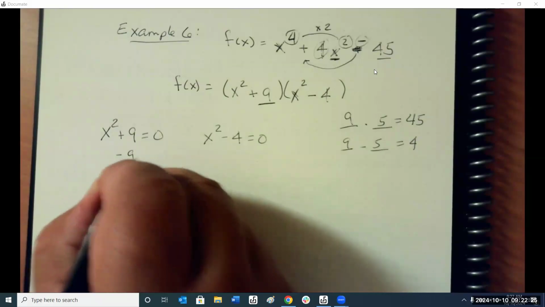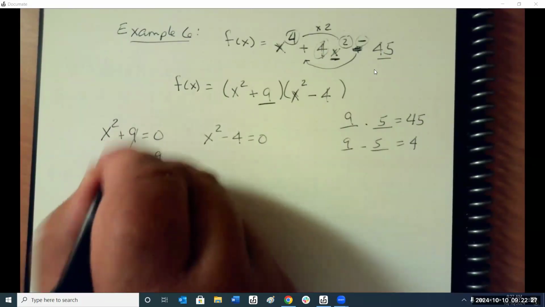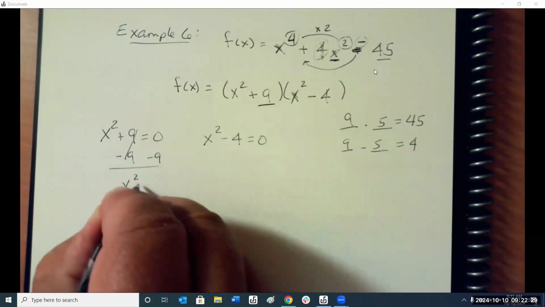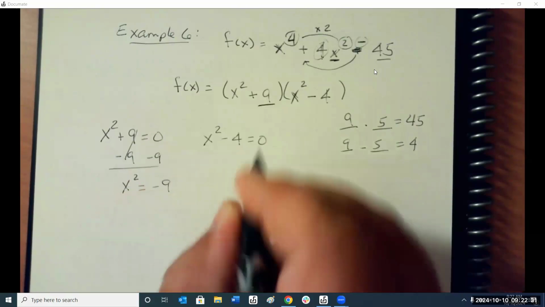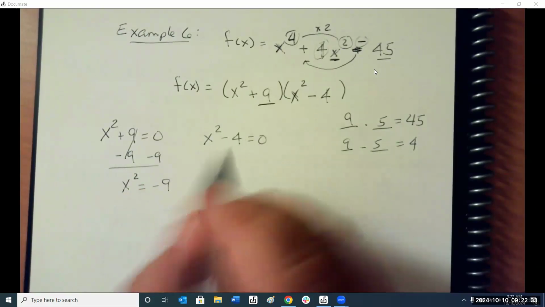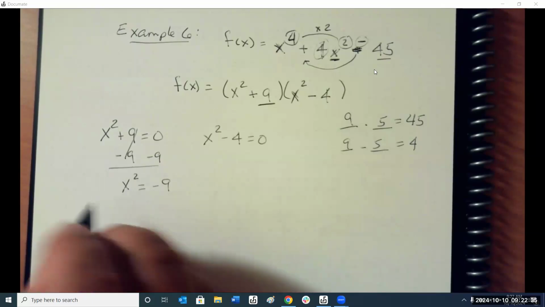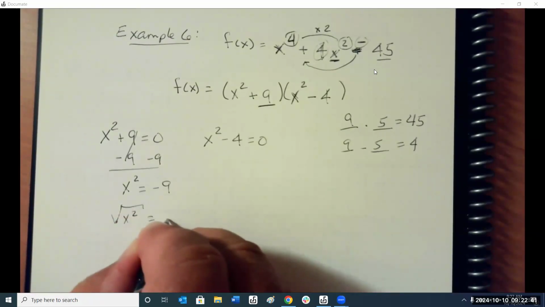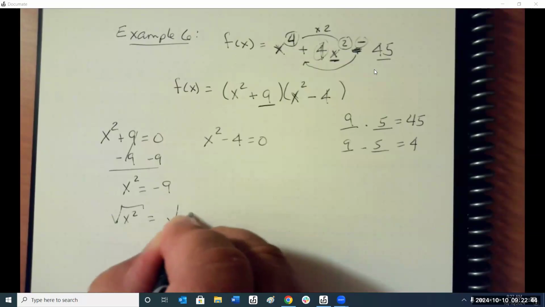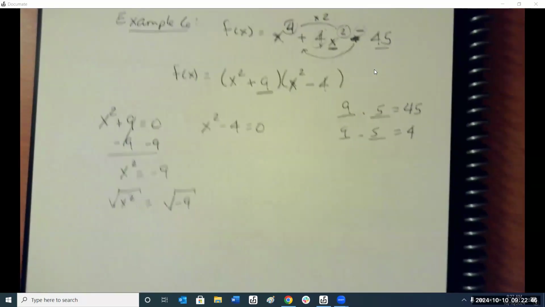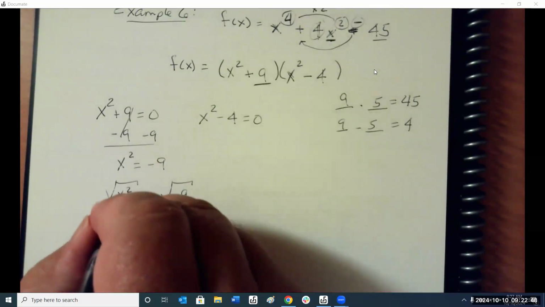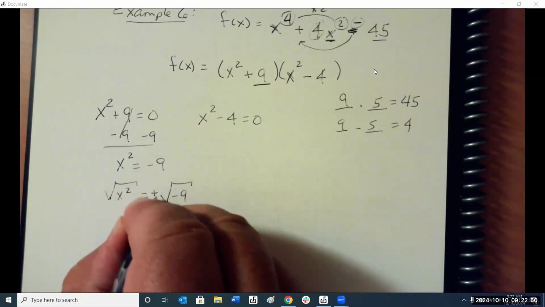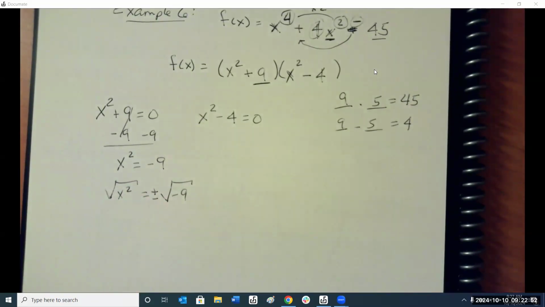So subtract 9 from both sides in this first one. We have x squared equals -9. We have to square root both sides. I have to get the x by itself. Remember, whenever you square root something that's squared, you've got to put a plus or minus in front of the answer.